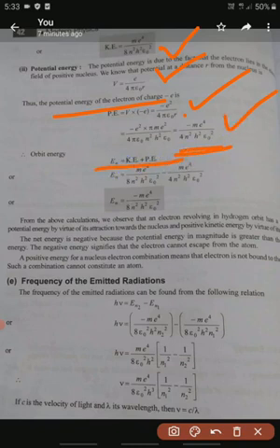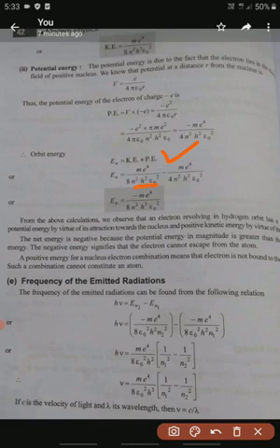The total energy is the kinetic energy plus the potential energy, so we substitute both. We should compare them: kinetic energy has a positive sign, but potential energy has a negative sign. Why?